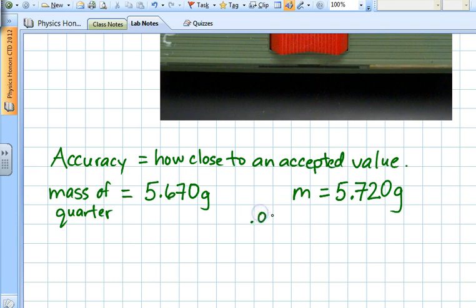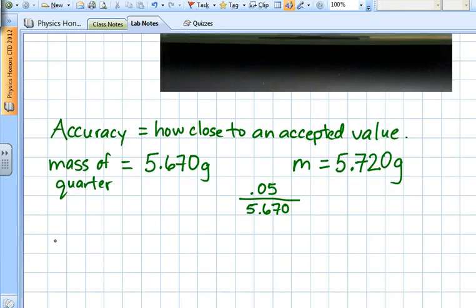It's 0.05 away. Or we could talk about the percentage it is away from the accepted value. And the percentage would be the amount of error divided by the accepted value. We can talk about that a little bit later, but you can see that this is a pretty small number.